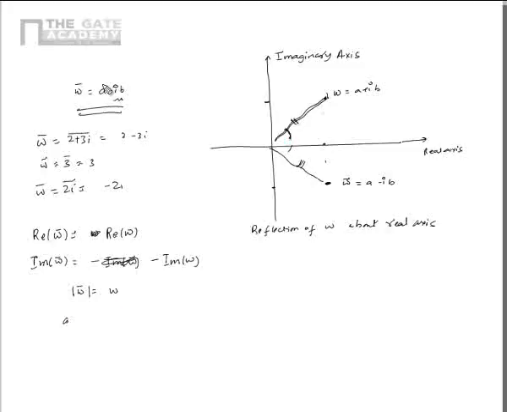So the argument of w bar is minus the argument of w. So we have seen the real part remains the same, the imaginary part gets multiplied by minus, the modulus remains the same, and the argument becomes negative. So this was a discussion about a complex number and its complex conjugate.